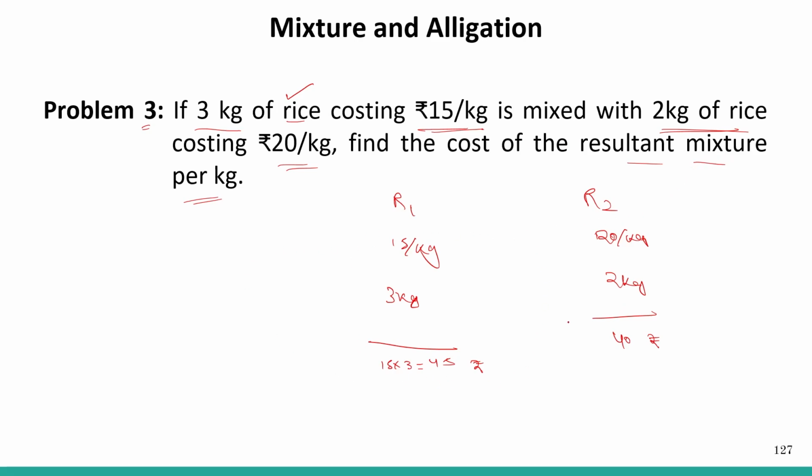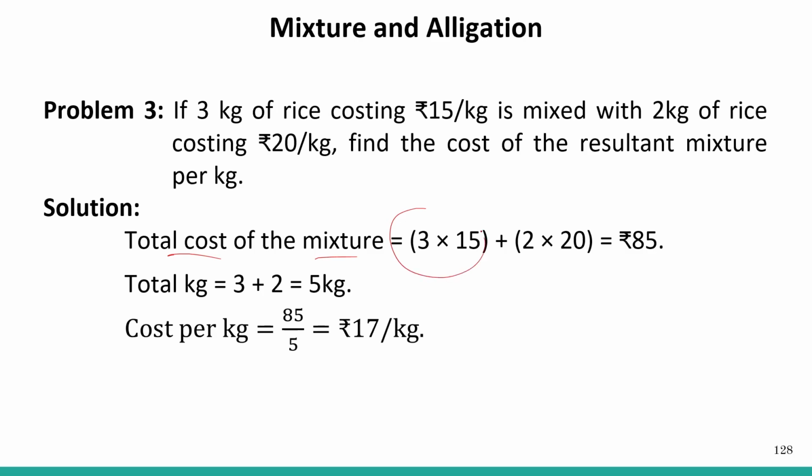So if we add these two, the mixture price is equal to 15 into 3 plus 20 into 2, divided by 3 plus 2, that is 45 plus 40, 85 by 5, which is equal to 17. So 17 rupees per kg. Okay, so this much will be the cost.